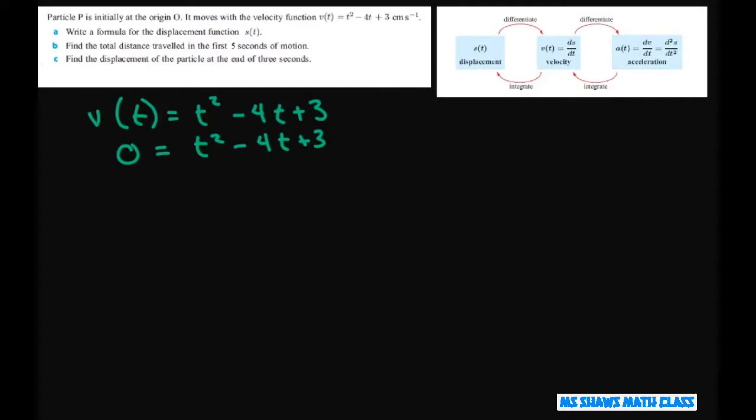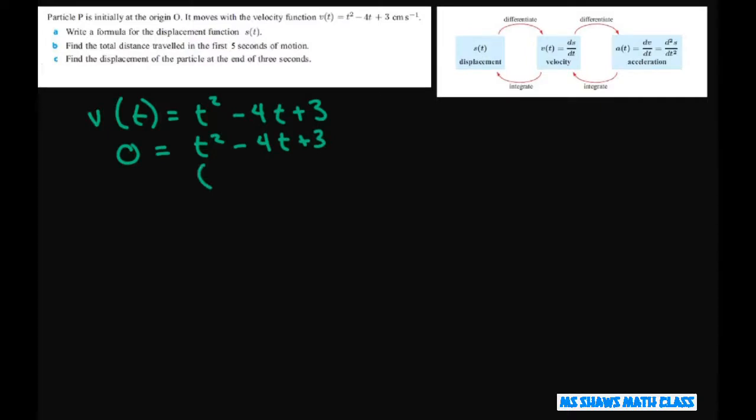Now, to find the total distance, what we're going to do is first, since we can't use a calculator, we know that v of t equals t squared minus 4t plus 3. So we want to set this to 0 and see what our values are, so we can do a sign diagram.